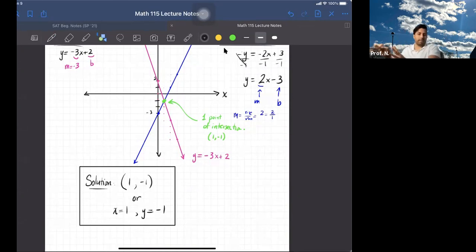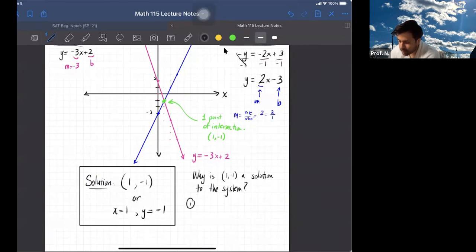But what's the other half? How else would you describe a solution? It's not only the point of intersection. So we have to understand the algebraic reason for why it's called a solution. Why is 1 comma negative 1 a solution to the system?